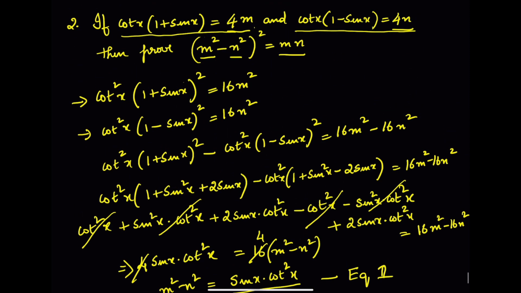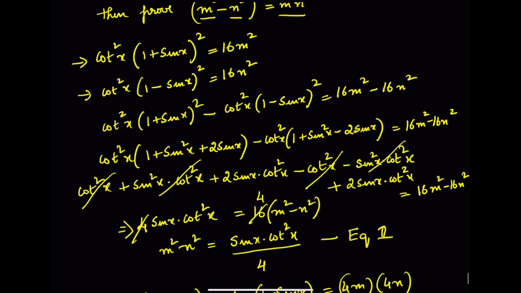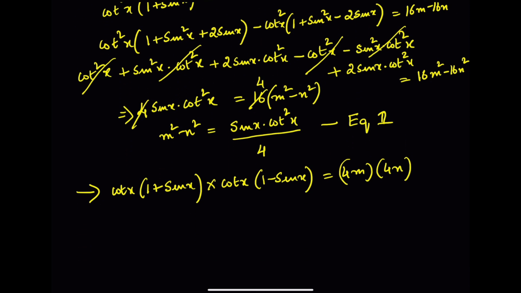So I just multiplied these two pieces of information that were given in the question. Now if you notice, this will be (a plus b)(a minus b). So we can change this to cot square x into (cot square x), and this will be a square minus b square is equal to 16 times mn.